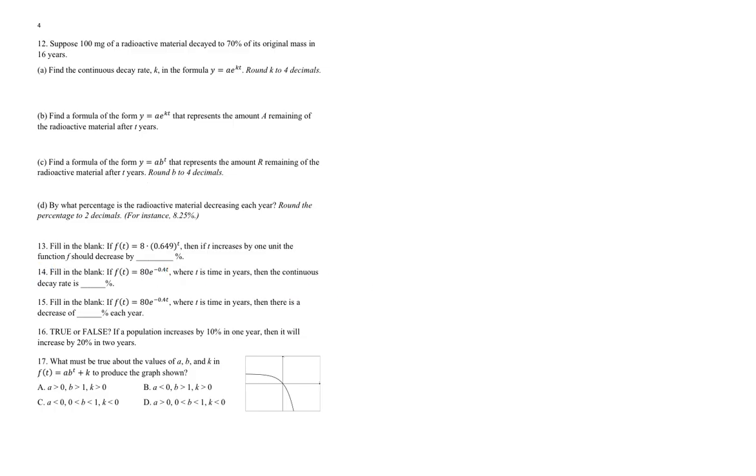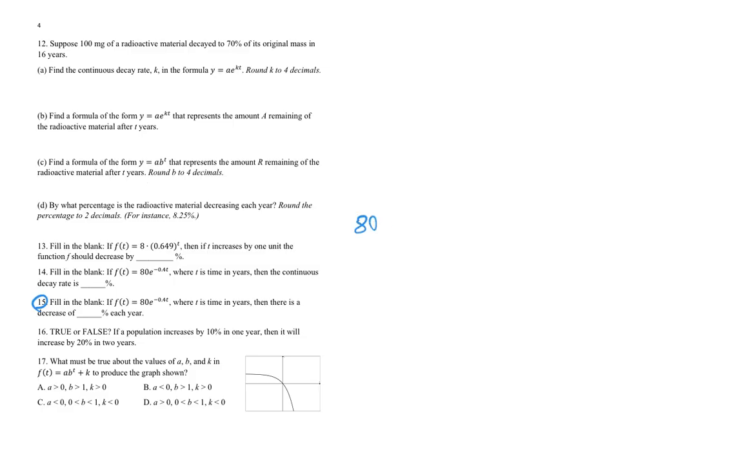Okay, and then for number 15, we need to find the percentage decrease for that same f of t function, 80 times e to the negative 0.4t. So I'll use that same percentage change formula, and I'll do the change from 1 year to our initial value of 80.